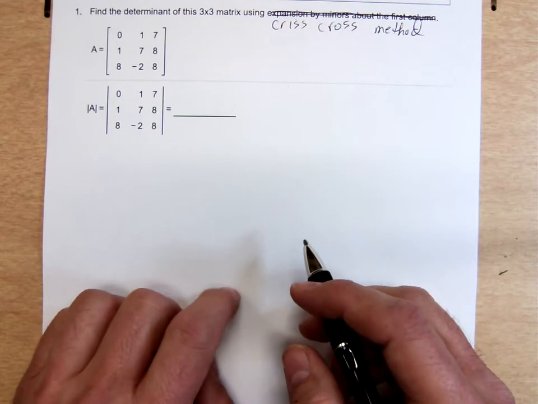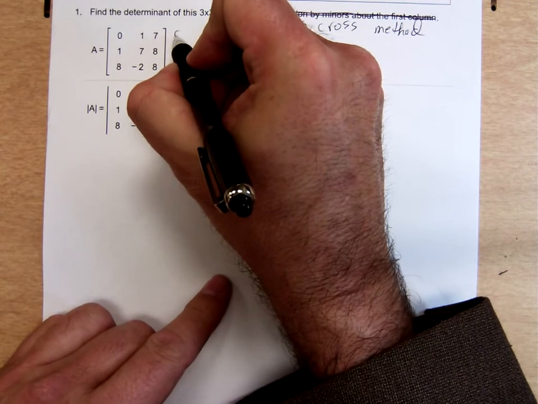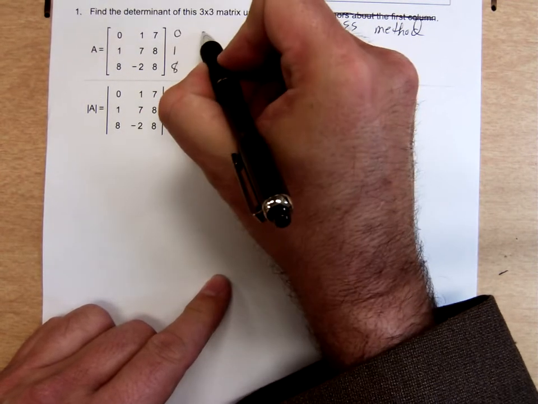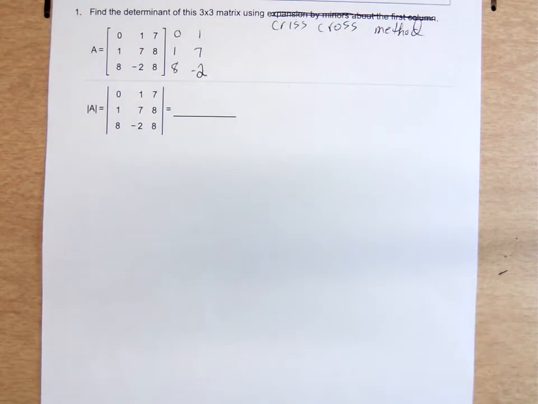So using the crisscross method, to do that, you recopy the first 2 columns. And you're going to do the little crisscross, multiplying.